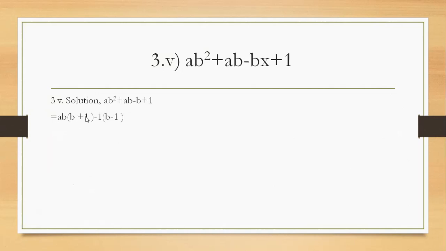AB common. If AB goes common, here 1B is left because B square means B into B, and here the coefficient 1 is left. And in the last two terms also there is a common. What is common, children? Here is nothing, which means here it will also be 1. That's why this one and this one are common.